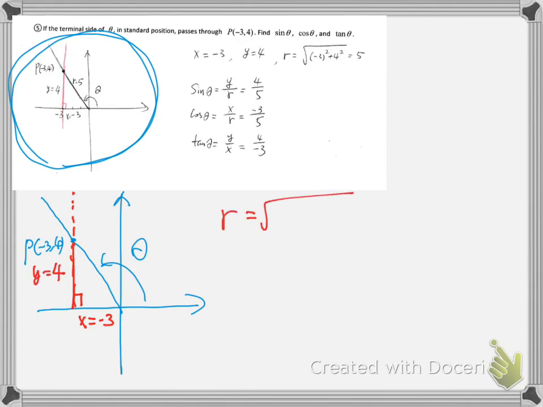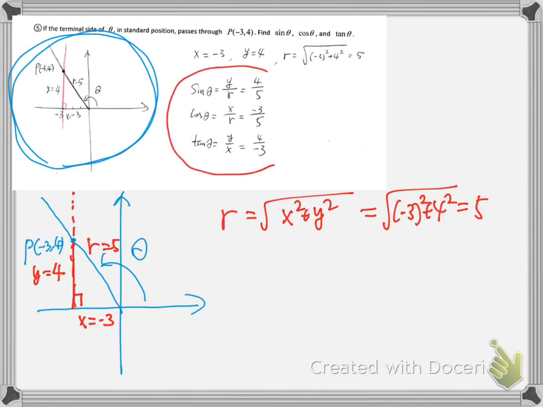By the Pythagorean theorem, r is the square root of x squared plus y squared. So this is -3 squared plus 4 squared. We get 5, so r is 5. R is always positive. Then you use the definitions of trig to find sine, cosine, and tangent. So the important thing is this right triangle in the coordinate plane.